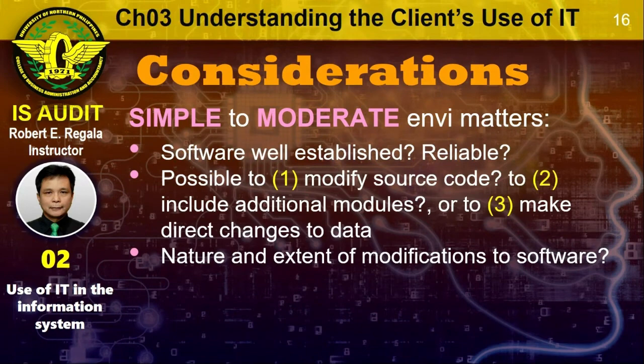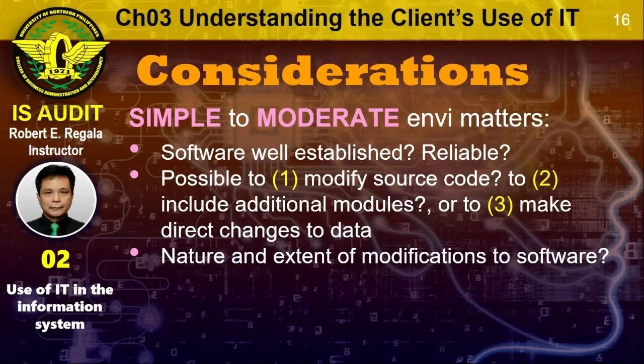Although an entity may not be able to modify the source code of the software, many software packages allow for configuration. For example, setting or amending reporting parameters. These do not usually involve modifications to source code.